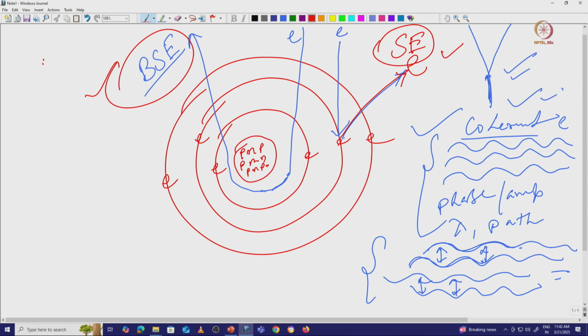Now, if there is an electron coming here and it hits somewhere here, and this electron is displaced from its actual position and it is going to another orbital, either here or here. In this case it does not have that much energy or it cannot displace this electron from this atom and throw it completely out.